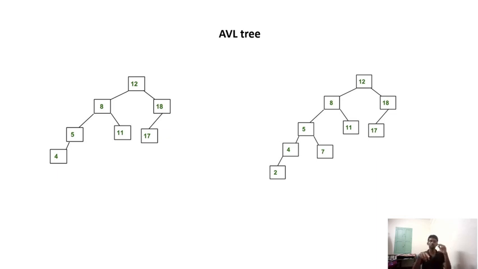So the left height will be 3, and on the right side you have only 11, so it is 1. 3 minus 1, is it satisfying? No, it's not, because you have the value 2. If the value is not equal to 1, 0 or minus 1, then it's not a balanced subtree, right? So right from node 8, we can say it is not a balanced binary search tree. So it's not an AVL tree.